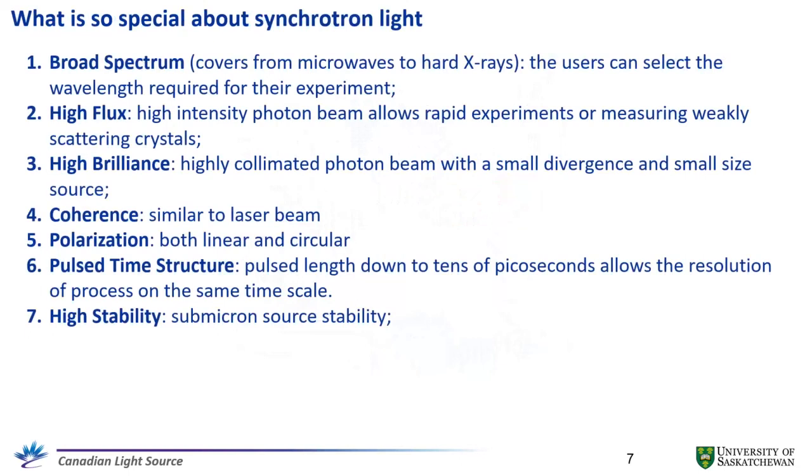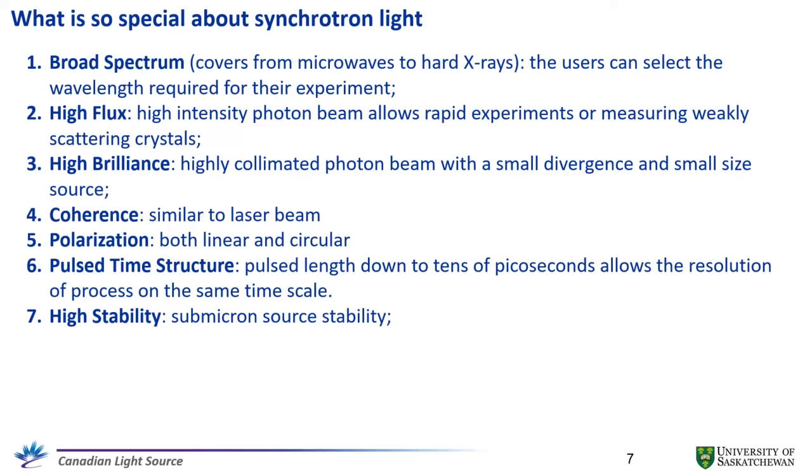So what is so special about synchrotron radiation? It is, as I said, broadband, covering from microwave to hard X-ray, and the user can select whatever wavelength they want to use for their research. Another very special property of the synchrotron is that it has very high flux and very high brightness.